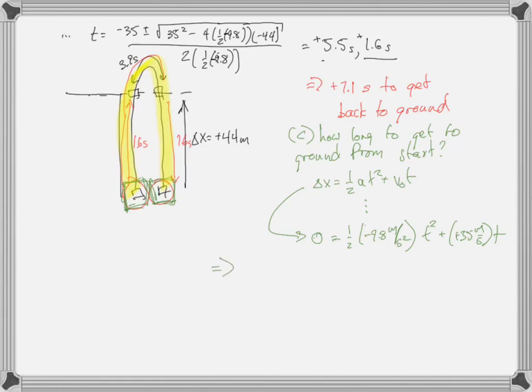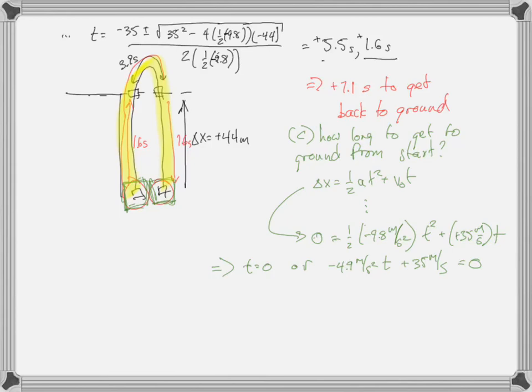We can divide by t, but remember, doing proper algebra, either t equals 0 or we can divide by t. So let's do the 1/2 of 9.8. We get minus 4.9 meters per second squared, t plus 35 meters per second equals 0. That's what we get if we divide that equation by t.